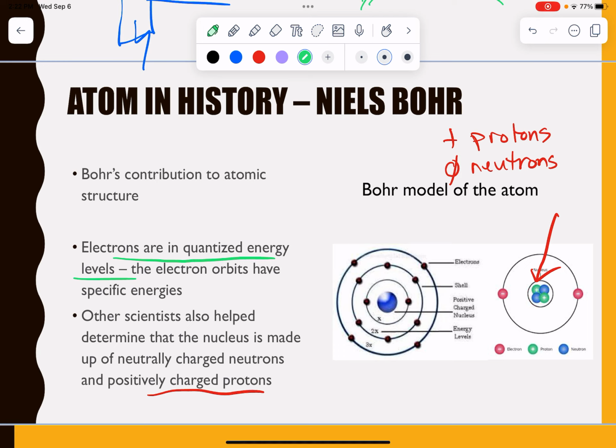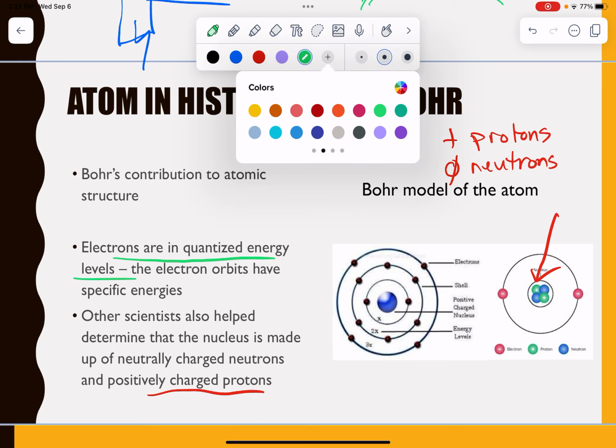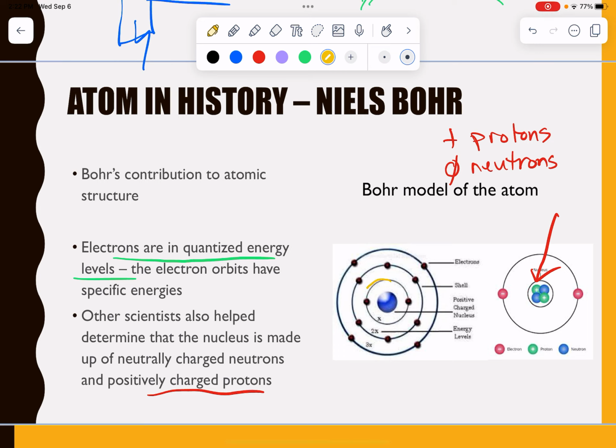Quantized energy levels. That basically the electrons are orbiting like planets around the sun, around the nucleus. And that each orbit, or each energy level here, has a specific amount of energy associated with it. So part of what he said was that, hey, maybe the electrons on this first orbit have 3 energy.